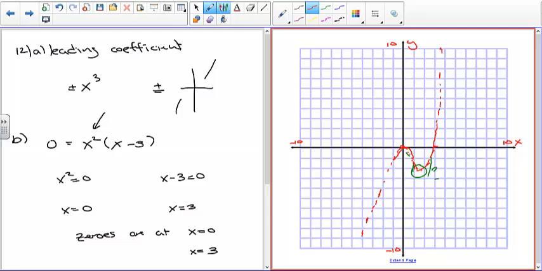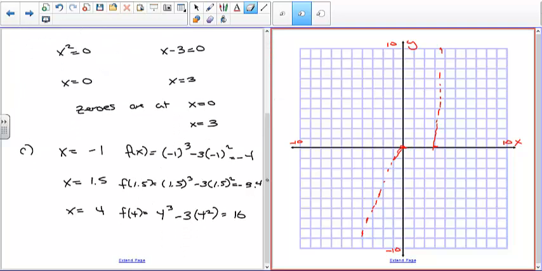Okay. Now we can erase this part and actually plot negative 3.4. So we go negative 1.5, 1, 2, 3.4 would be about right there.